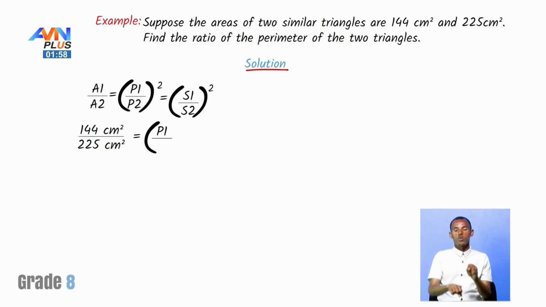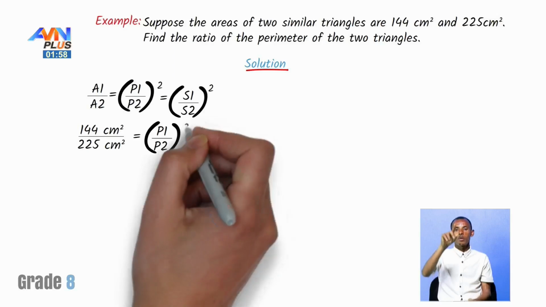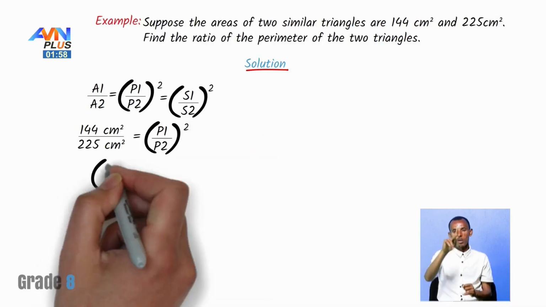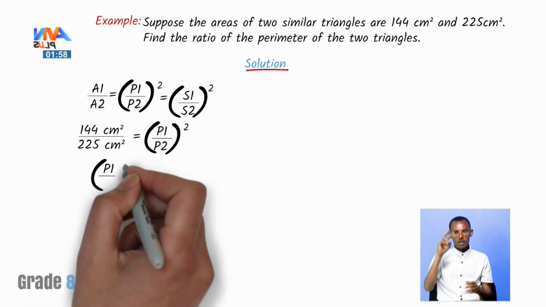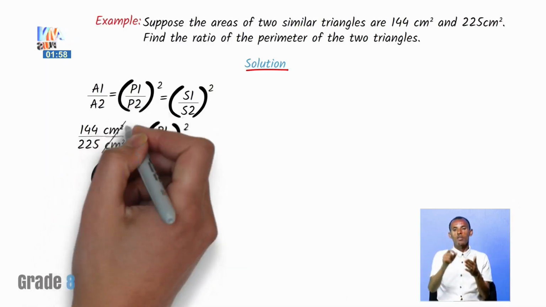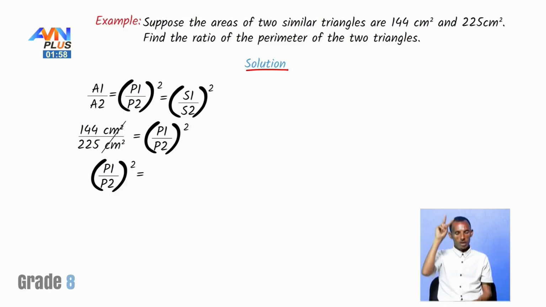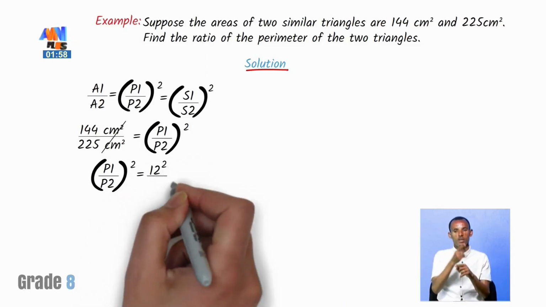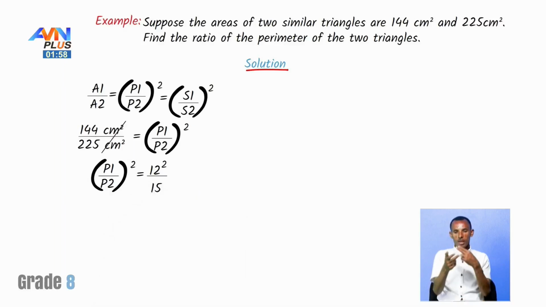So this implies P1 by P2 the whole square is the same as, 144 is a perfect square, you can write it as 12 square, and 225 is also a perfect square, which is 15 times 15 or 15 square. So this is the same as 12 by 15 the whole square.